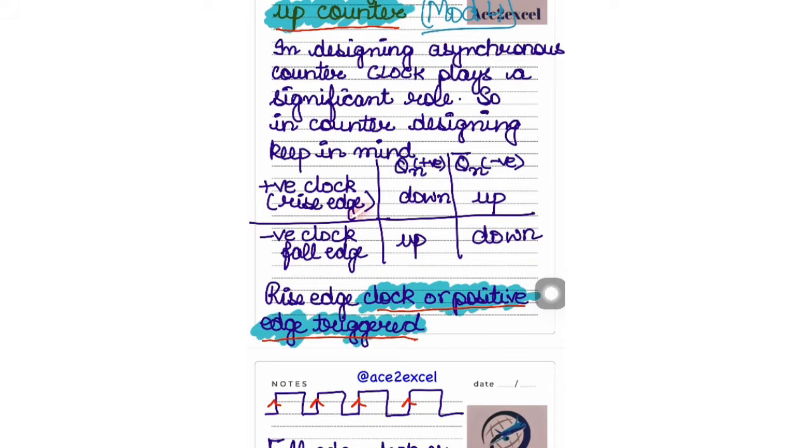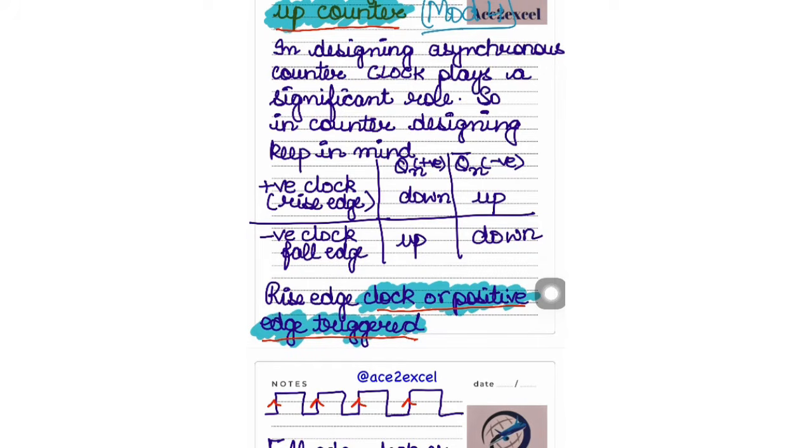While if positive aligns with negative, the type of counter made is up. Similarly, if negative combines with positive output, it is up counting. While if negative combines with Q bar, it will be a down counter. This is the basic foundation of counters.